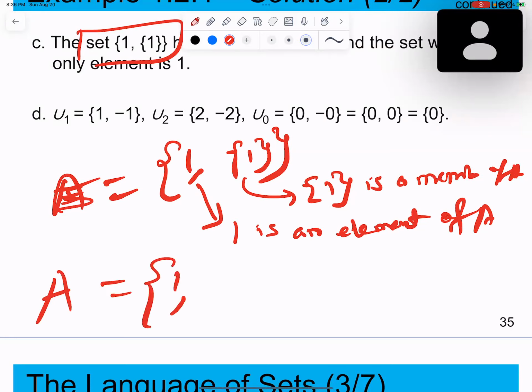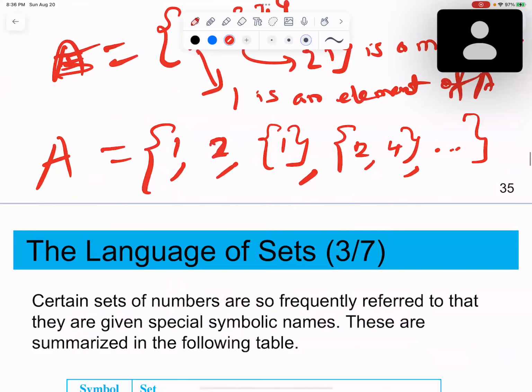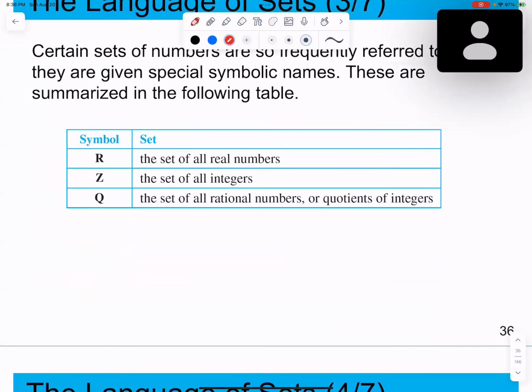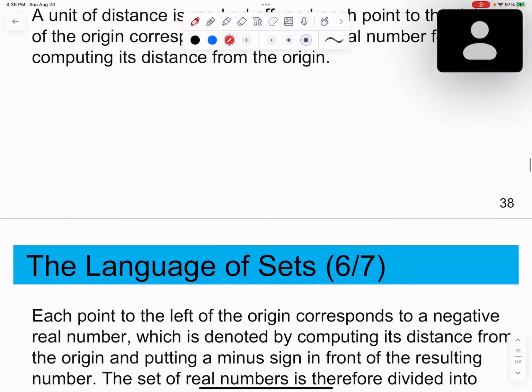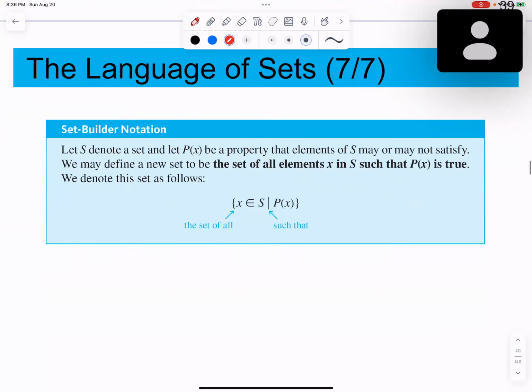It can have this 2 instead of just a number. Part of its members can just be another set. Do you see that? That is valid. All right, we've talked about all this in class. I don't have to discuss that again.